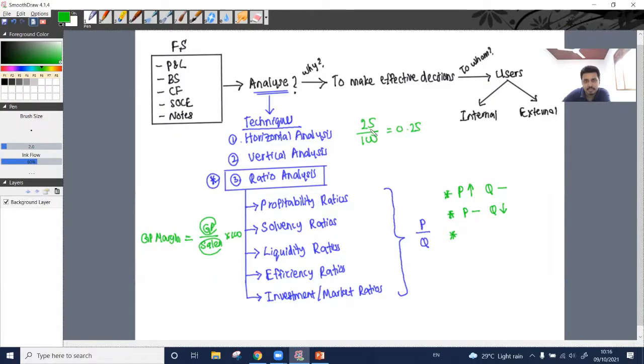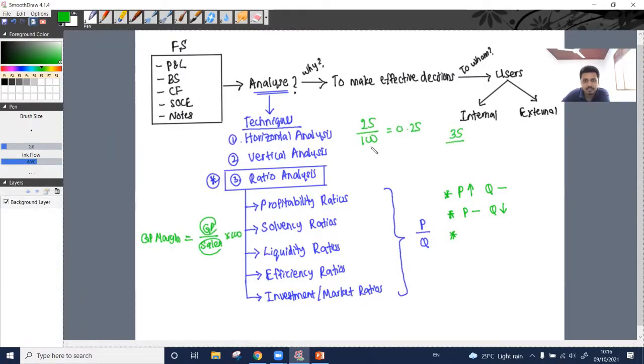While increasing the numerator, we can also reduce the denominator. For an example, if I increase the numerator by 10, it will become 35.